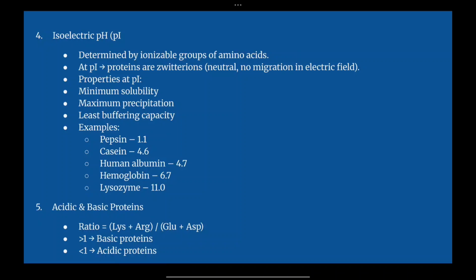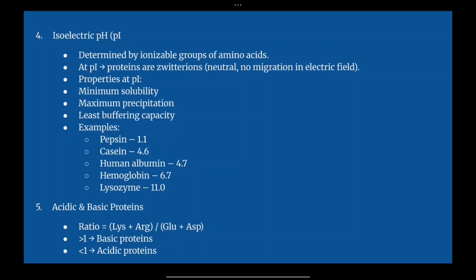Now the properties of isoelectric pH of protein: it shows certain properties like minimum solubility, maximum precipitation, and least buffering capacity, wherein the protein, whenever dissolved, shows the minimum solubility. That is, it does not solubilize completely, and there is maximum precipitate that is present.